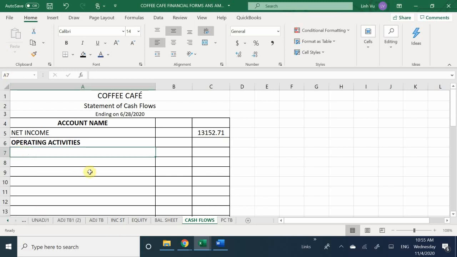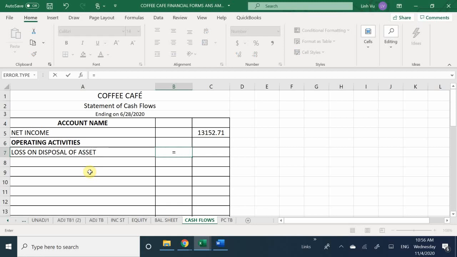So that's the first thing I'm going to do, and I'm going to add it back into my loss on disposal. I'm going to add that back into my accounts because that is something that I reported in my journal, but it really is a non-cash transaction.